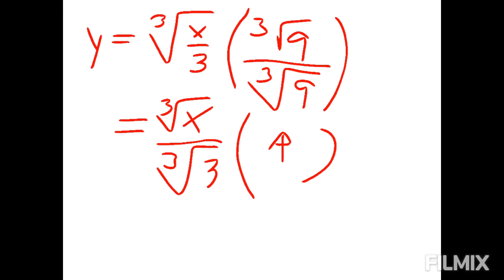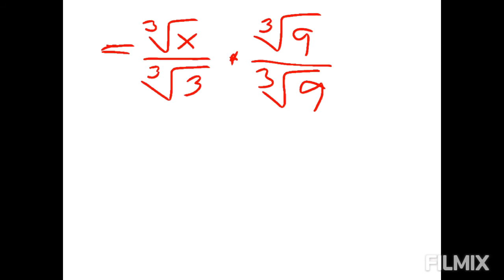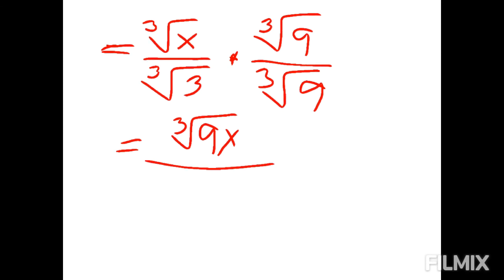See? And then perform this one, multiply it, and on the numerator we will have cube root of 9x. And then in our denominator, 3 times 9 is 27, so it will be cube root of 27. And what is the cube root of 27?